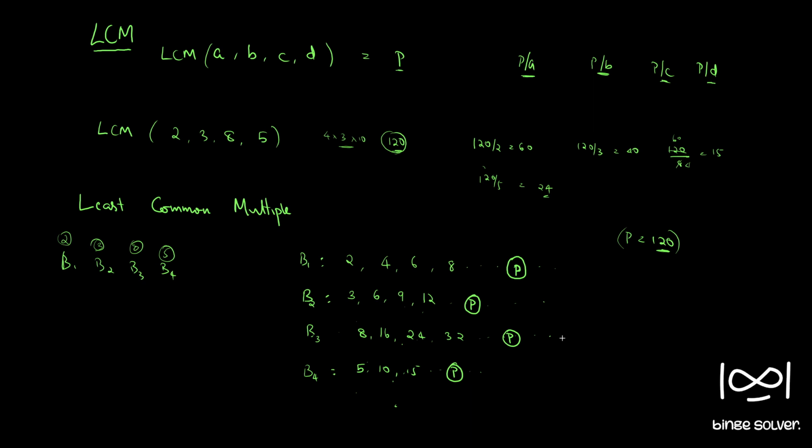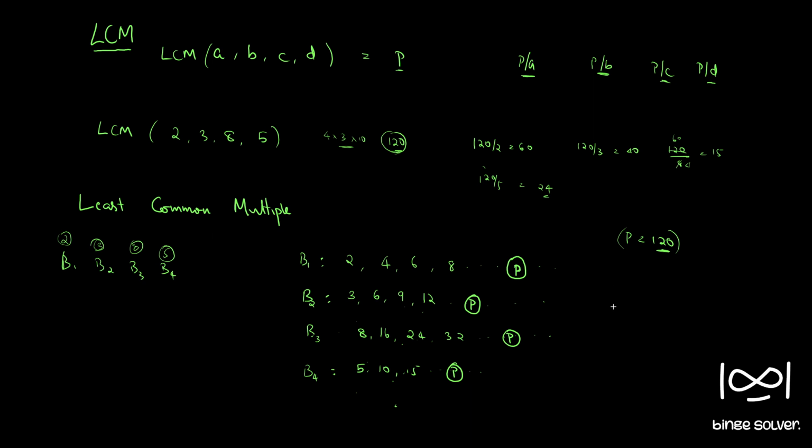So the next question is, for people who are unfamiliar with this concept of LCM, how can we easily find it if we are given 4 numbers? Before discussing how to find the LCM, I will ask a simple mathematics question.